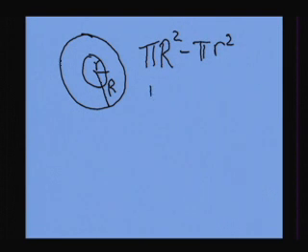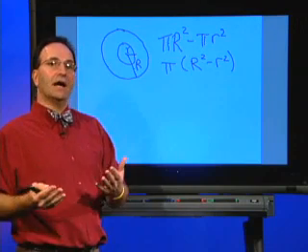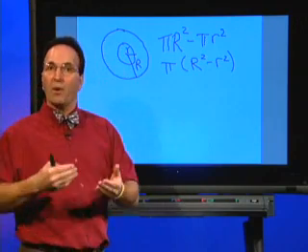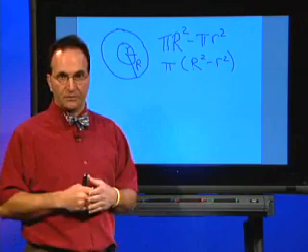And I can simplify that a little bit into capital R squared minus little r squared in parentheses, quantity times pi. So that would be how we would find the area of a figure in which part of the center is cut out, and we're using cross-sectional areas.